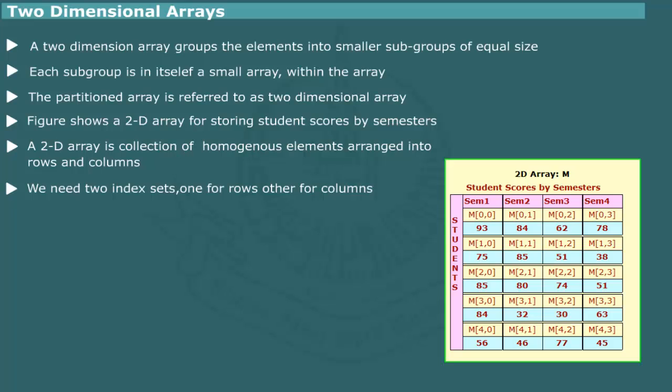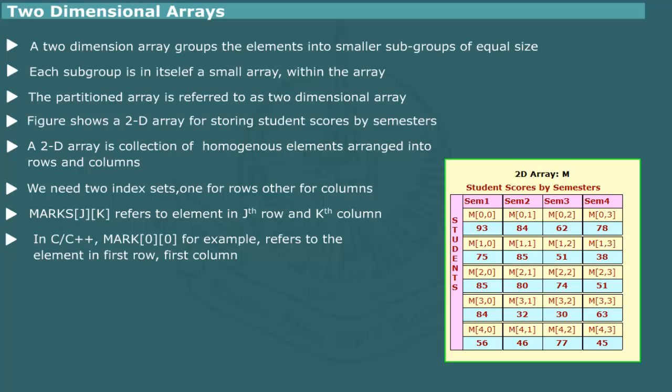For example, if marks is a two-dimensional array, marks[j][k] refers to the element in jth row and kth column. In C and C++, the rows and columns are counted from 0. Thus, marks[0][0] would refer to the element in the first row and the first column.